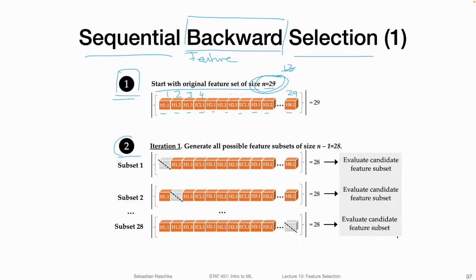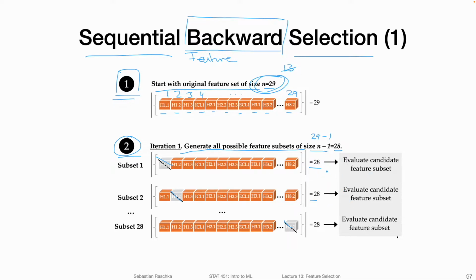Then in the first iteration of sequential backward selection, we generate all possible feature subsets of size n-1. So in this case, it would be 29 minus 1, which is 28. How do we do that? We essentially take the full feature set and delete one feature at a time. So we create all the different feature subsets consisting of 28 features.